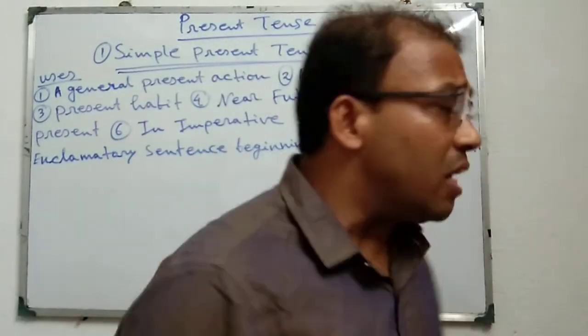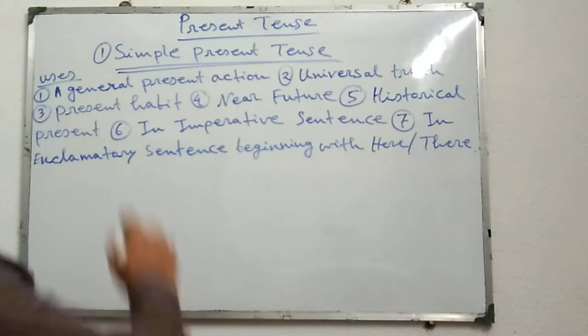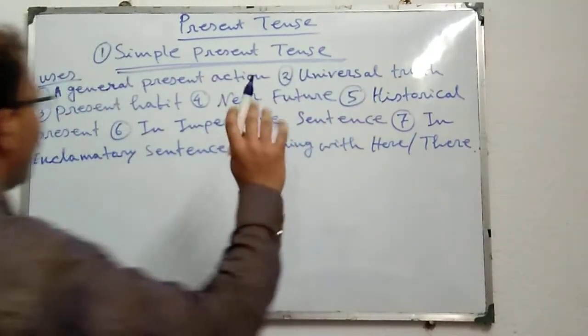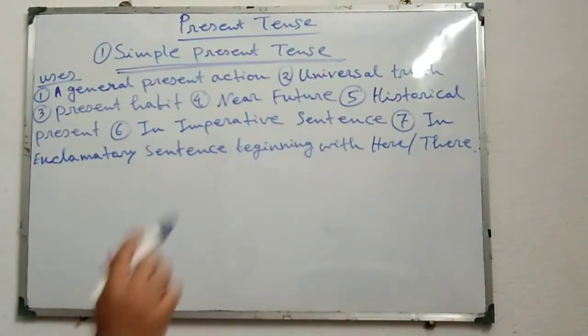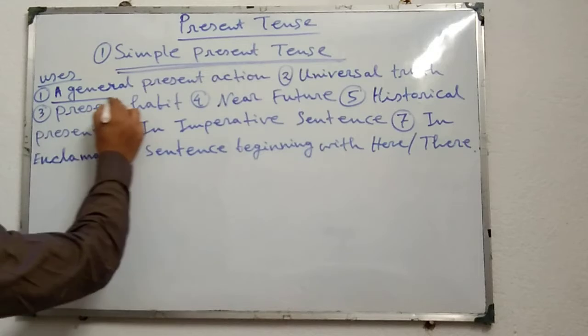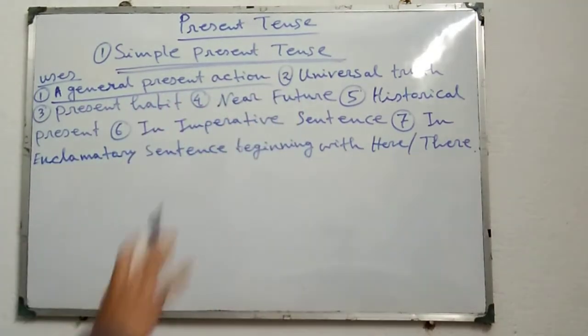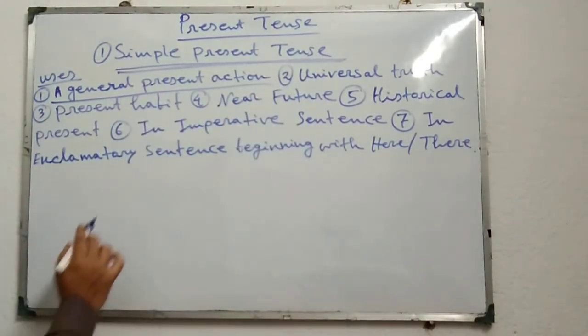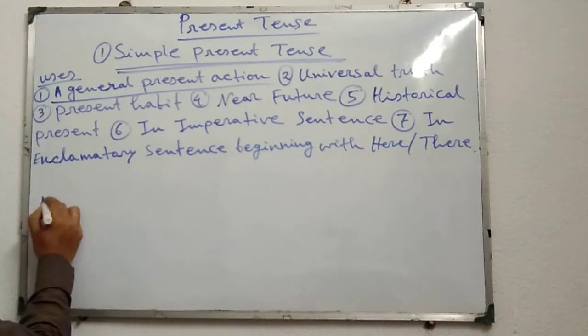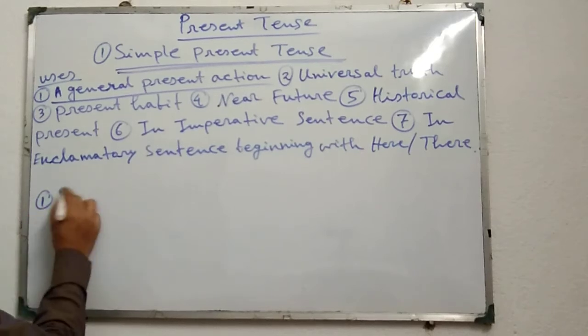What are the uses? Simple present tense is used to indicate a general present action. One example I am giving here. Example 1.